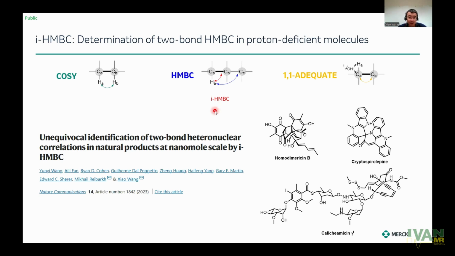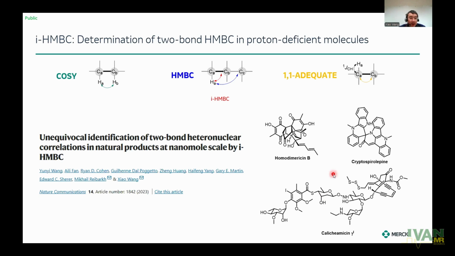Then you can detect those sub-ppb level tiny isotope shifts from C13. So we demonstrated i-HMBC was a very sensitive and effective method to solve proton deficient molecules, like some structures shown here.